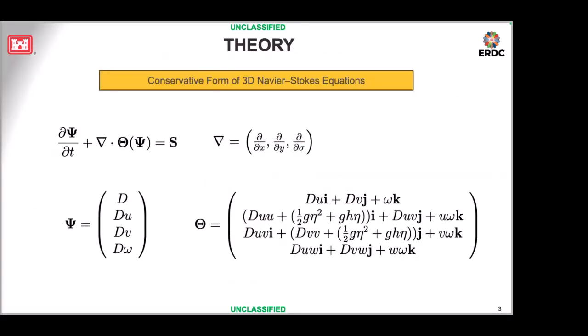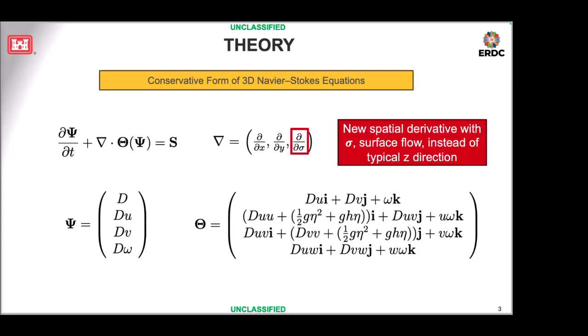I don't want to get too much into the mathematical details, but this is the new module based on the 3D Navier-Stokes equation in conservative form. In contrast, FUNWAVE is built on the 2D form. What I mean by that is that one key difference is we now have a new spatial derivative.